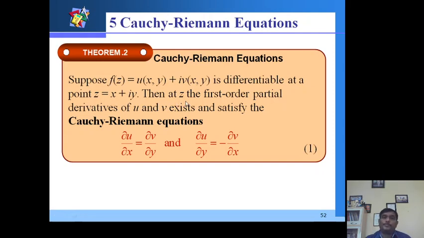Then at z, the first order partial derivatives of u and v exist and also satisfy these equations: dou u by dou x is equal to dou v by dou y, and dou u by dou y is equal to minus dou v by dou x. This can also be represented as ux is equal to vy and uy is equal to minus vx.